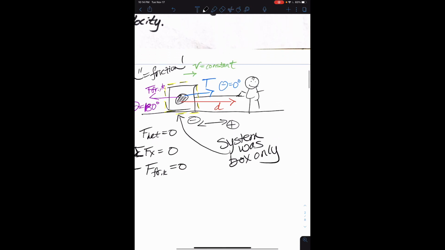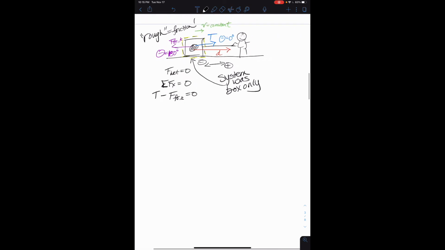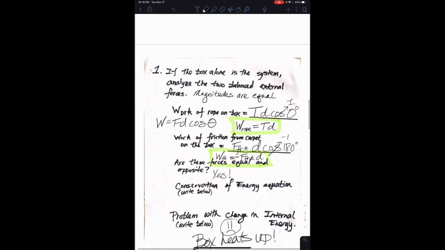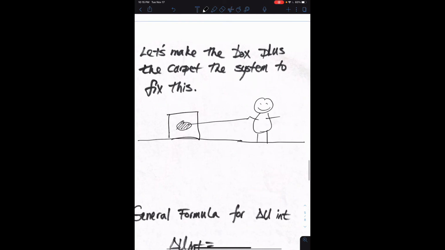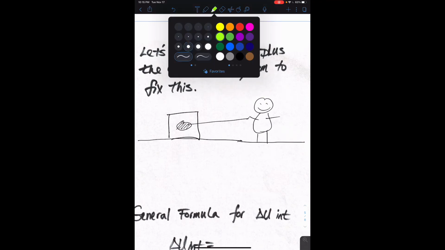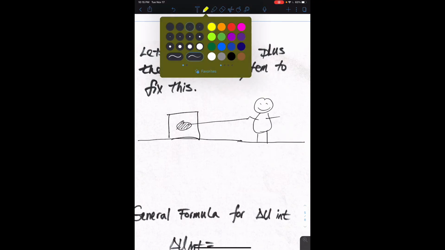And this time, the system is going to be, I guess I could just draw it here, couldn't I? No, it's just so far away. I'm going to do it right back here where I was. This time, the system is going to be the box plus the floor or the carpet. And you can probably already guess what this is going to do, right?